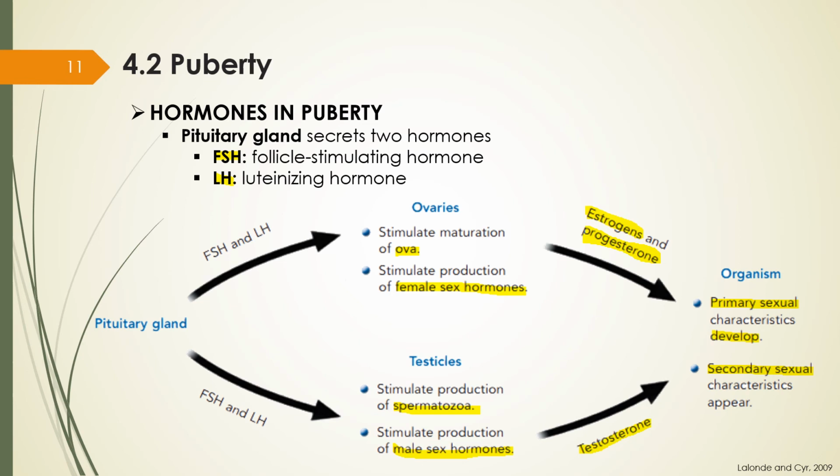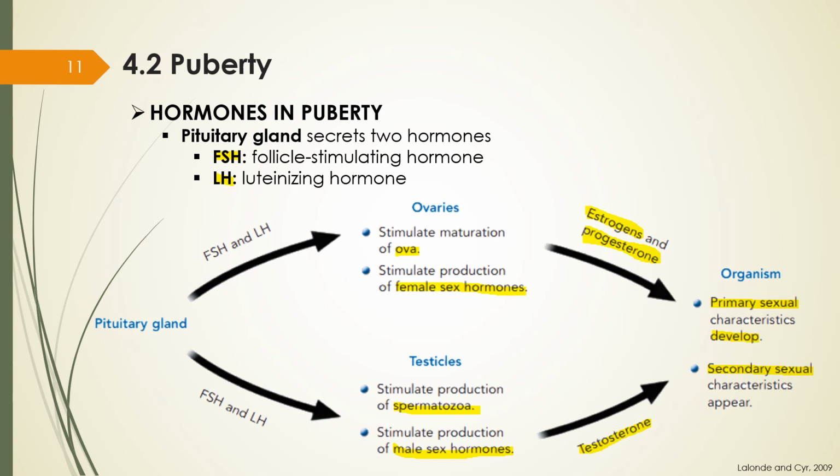And in the man, it's going to act in the testicles. What's going to stimulate? The production of spermatozoa, and the production of male sex hormones. What is the male sex hormone? Testosterone. And this testosterone will also stimulate the development of primary and secondary sexual characteristics in the man.